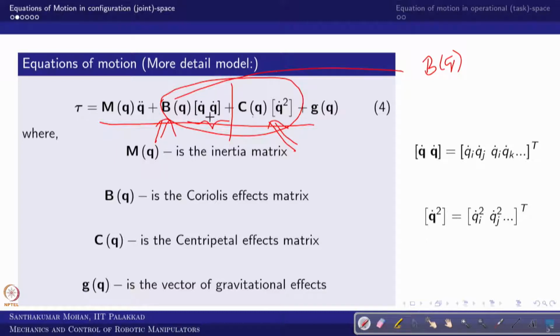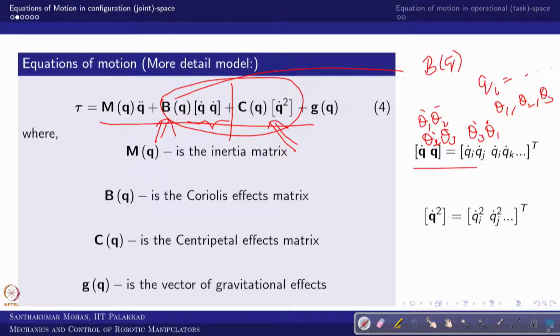So what is the dimension of q dot? For example, say q is theta 1, theta 2, theta 3, the three variables. Now theta 1 dot theta 2 dot, theta 2 dot theta 3 dot, and theta 3 dot theta 1 dot are the three combinations that can come, which will generate the Coriolis effect.